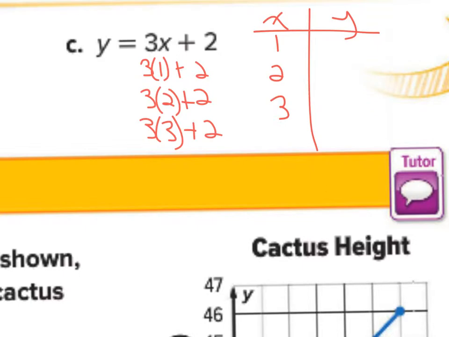And I'm going to get, now, 3 times 1 is 3, plus 2 is 5. So when x is 1, y is 5. 3 times 2 is 6, plus 2 is 8. And 3 times 3 is 9, plus 2 is 11. Okay, and there's my coordinates.